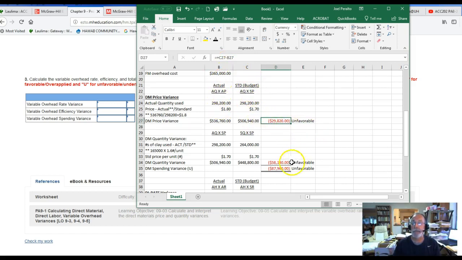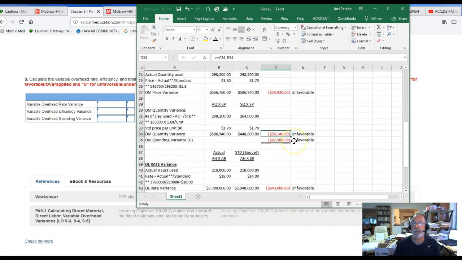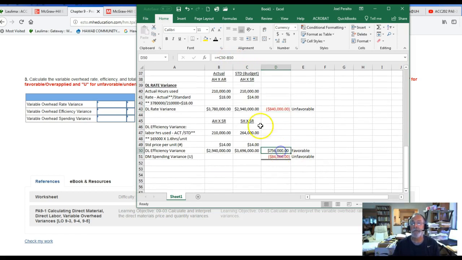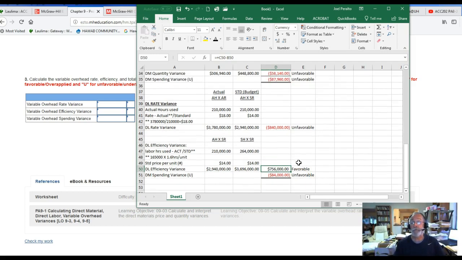So plus C minus B, plus C minus B, plus C minus B. And this is the same here, plus C minus B. So our standard or budgeted direct labor efficiency or usage, if you will, should have been $3,696,000, and our actual was $2,940,000. So it looks like our direct labor efficiency variance is favorable.